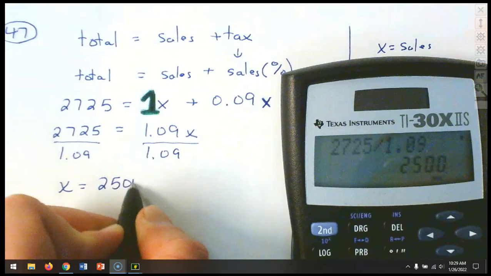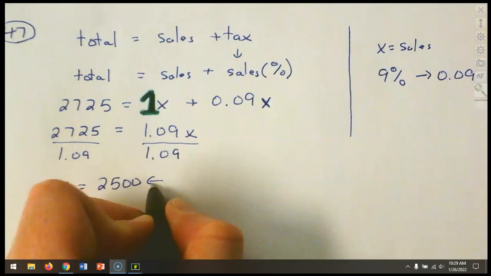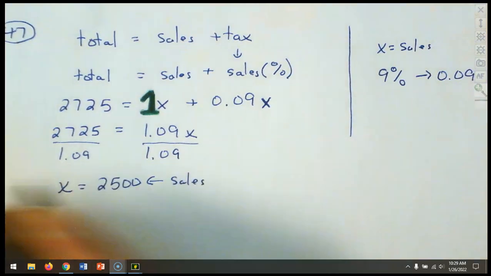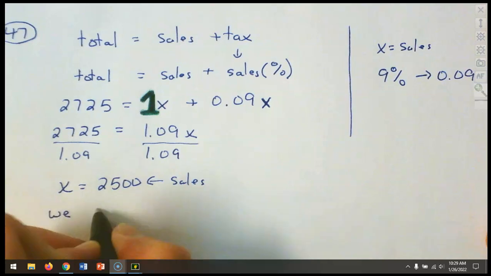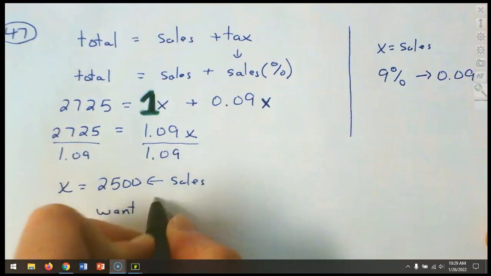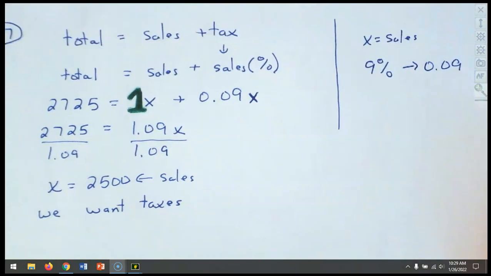But that's not what I want. What is this? This is the sales. We want the taxes. So there's a couple of ways we could get the taxes. We could either subtract them, or we could just multiply. Let's just go ahead and multiply.